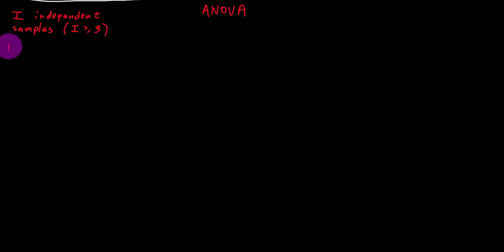And the response variable, of course, has to be quantitative if this is an extension of the t-test. So the requirements for ANOVA, as already mentioned, the I samples must be independent from each other.